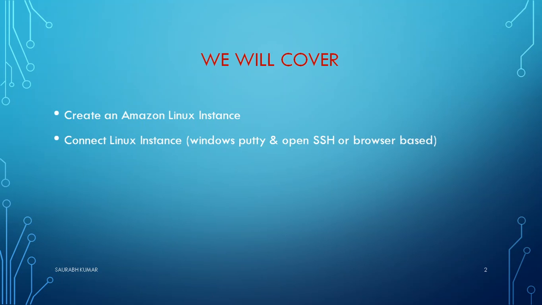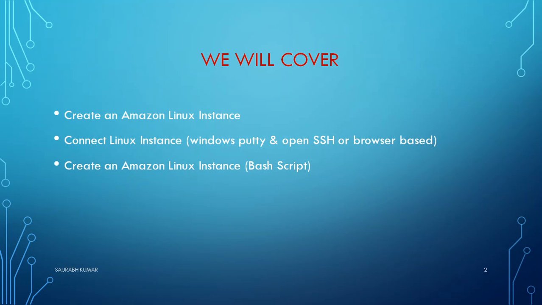going to use RDP. We will be using either SSH, or we will use an application like PuTTY, or we will use browser based access. Then at the end of this video we are also going to create one more Linux instance with some bash script, where we will put some bash script there which will make some predefined changes.